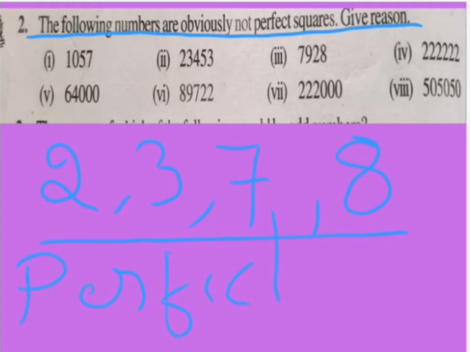If these 4 digits come in the unit place, then definitely that number is not a perfect square number. So this property of square numbers you have to use to write the answer for this question.